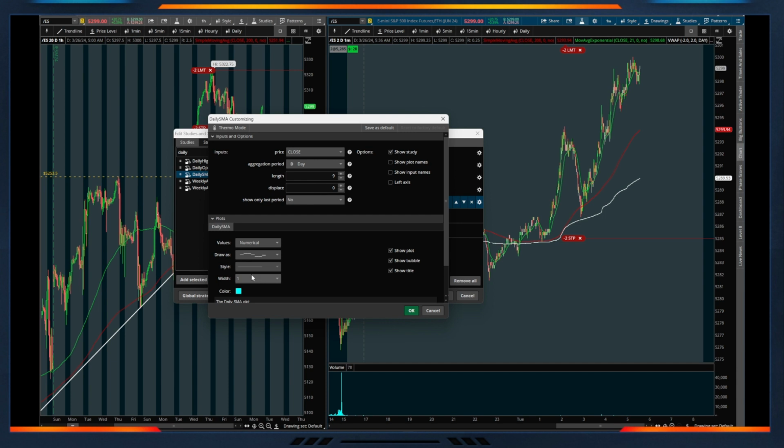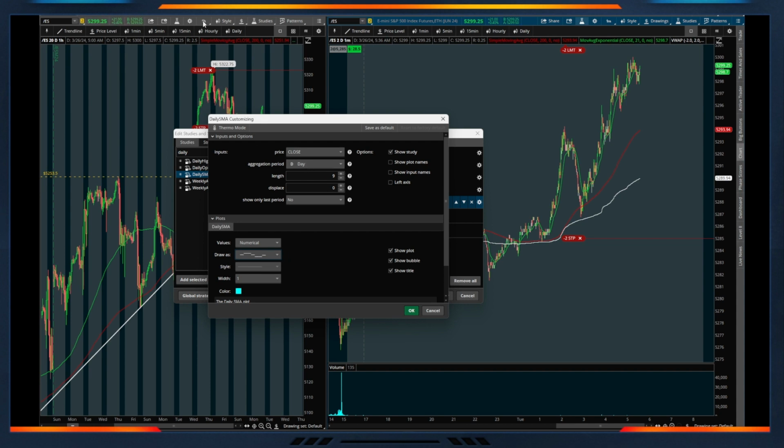As always, you can control the style of the indicator: the color, the shade, or whether it's going to be a straight line or a dotted line. We can leave the style as is because that's up to the person. But up here at the top is where you build it out.